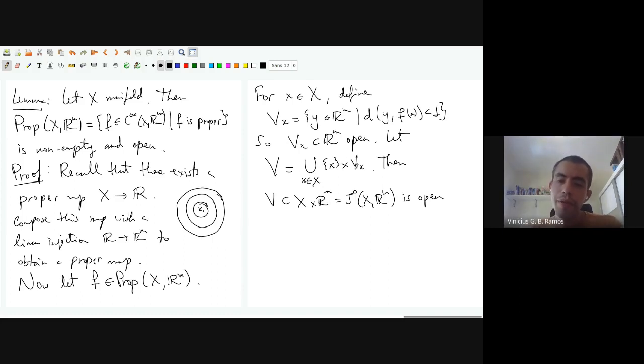Each slice is not open, but it's pretty easy to show this set is open itself because you're covering all of X.